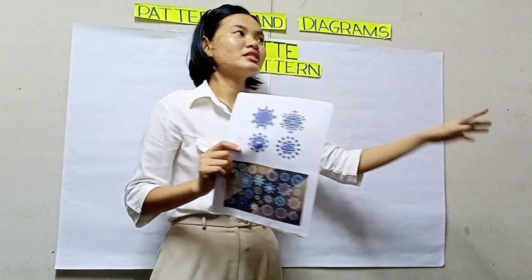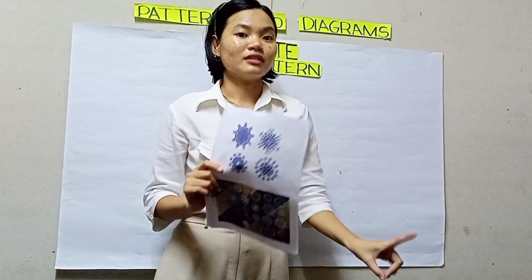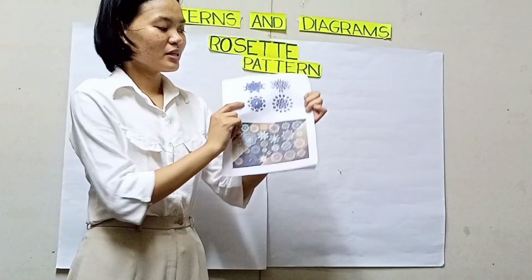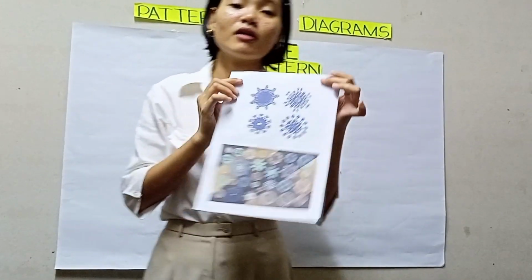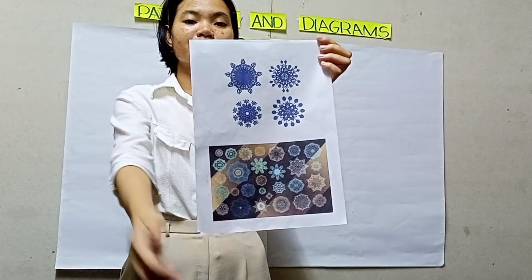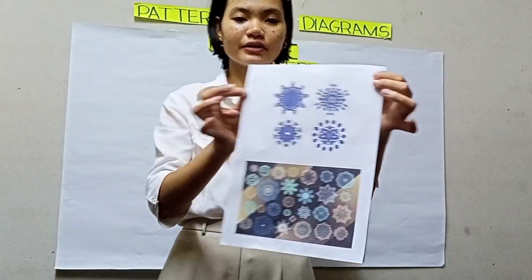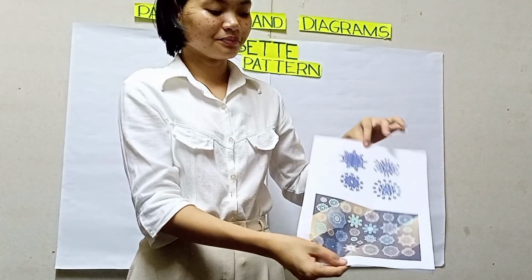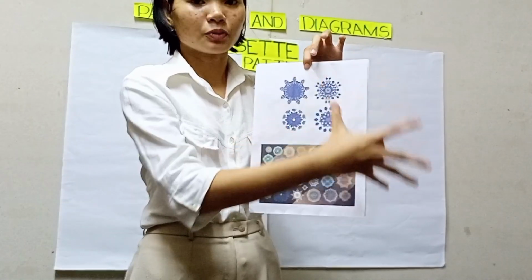Imagine millions and millions of snowflakes, and therefore millions of Rosette patterns. So why do snowflakes belong in a Rosette pattern? Because, as you can see, and as I have said earlier, the pattern of the snowflakes is radiating outwards.